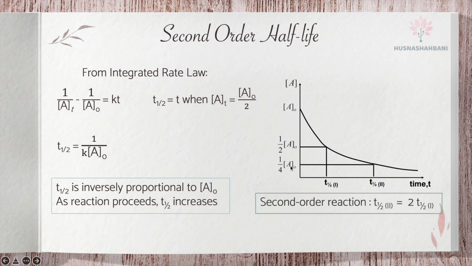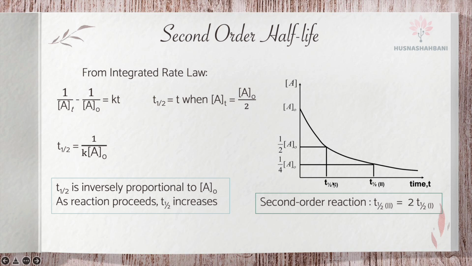This is a second order reaction. The initial concentration of reactant A becomes half, so that's the first half-life, and half of 1/2 [A]0 is 1/4 [A]0. So you can see here that the second t half is double the first t half.